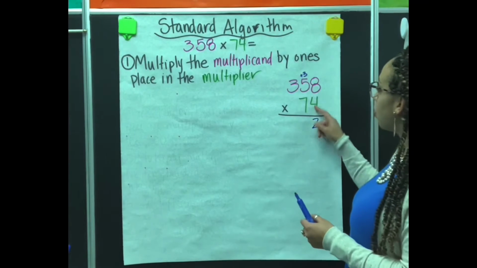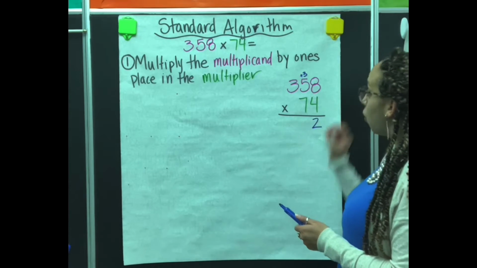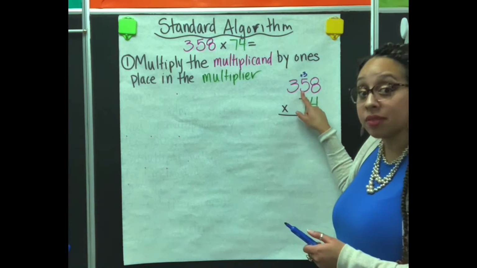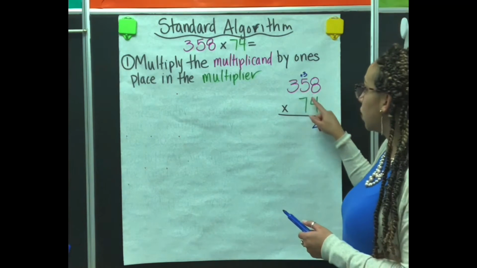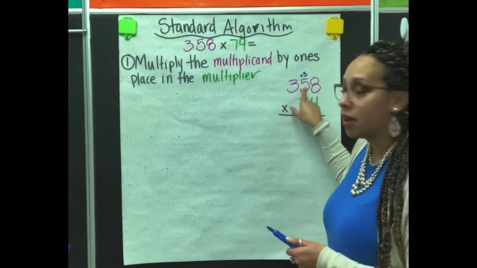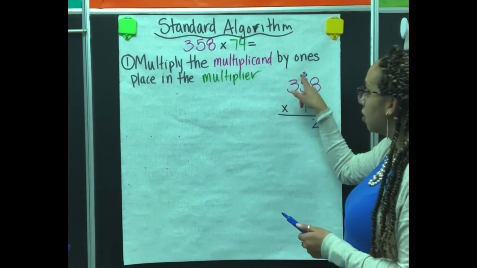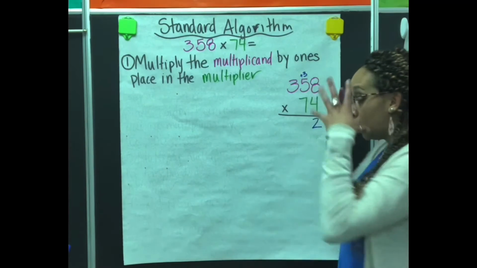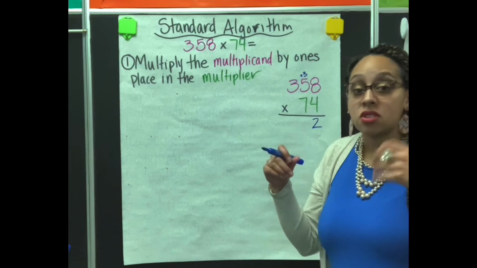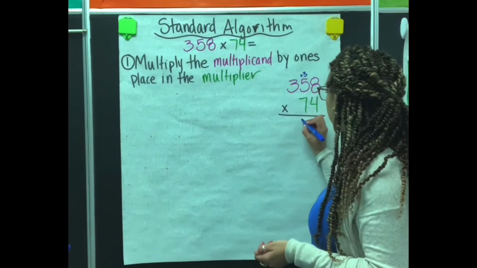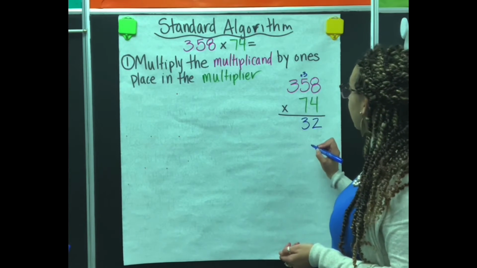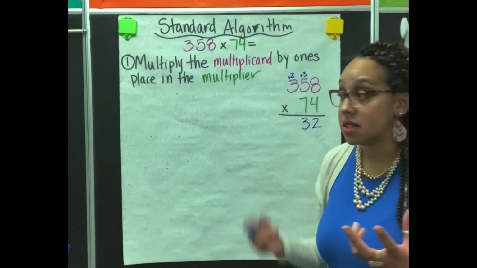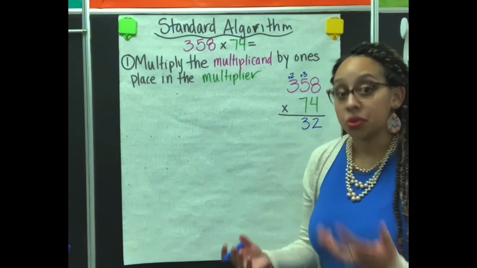So we multiplied 4 times 8 and we got 32. Well, we carried our 10 and then we multiplied 4 times 5, but the 5 is really a 50. So we get 20, but it's really 200 plus 30. So we have 230. But when we do it quickly, all we think is we have 23. So we drop the 3 down and we carry the 2, which is really 200 because 50 times 4 is 200.